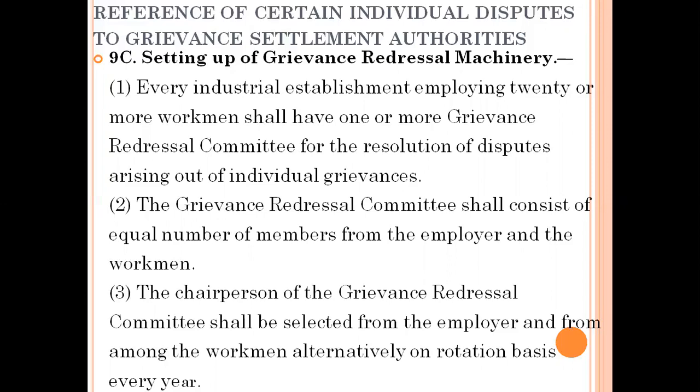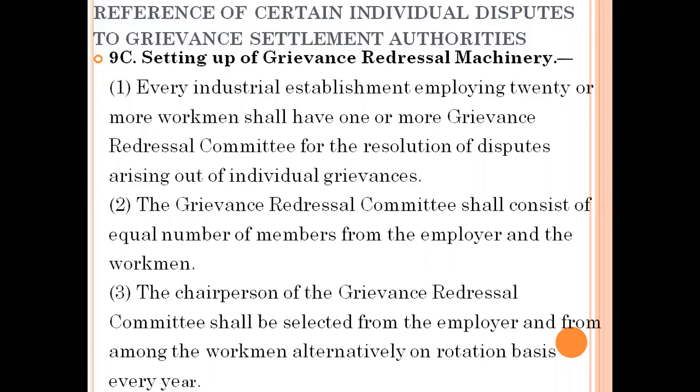So that means, suppose we are any industrial undertaking employing 20 or more workers or workmen. Then it is compulsory to constitute one or more grievance redressal committee. And that committee consists of members from both the employer side and employee side, in equal number.